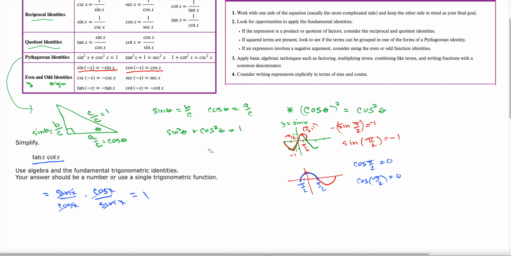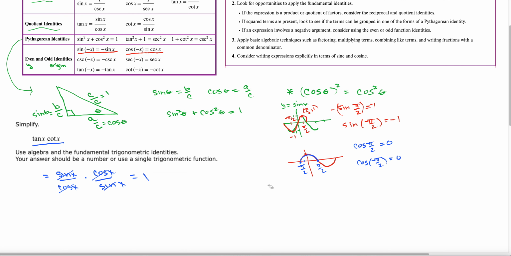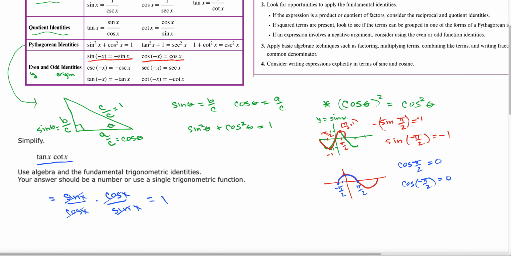So for example, just as a quick aside, like that second one, tangent squared x plus 1 equals secant squared x.